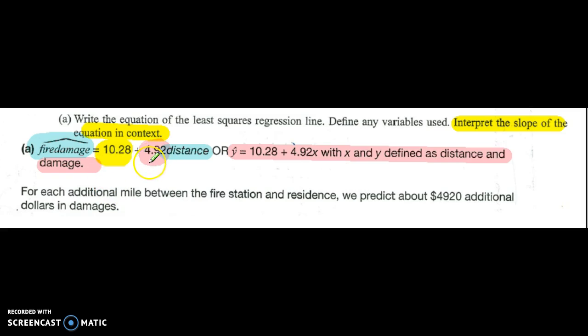So my slope is 4.92. That's in thousands of dollars because that's what the problem initially said. So for each additional mile between the fire station and residence, we predict $4,920 in additional damages.